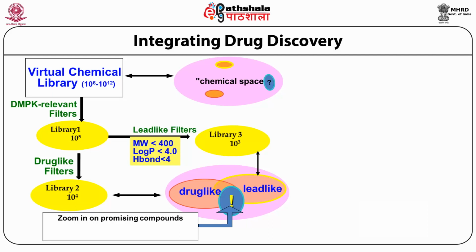However, you can use these filters and then convert this molecular table into what you get as lead-like and what you get as drug-like. The last slide shows there might be only a very small space available that is both drug-like and lead-like. So we must be very careful to pick compounds which lie in this common subspace.